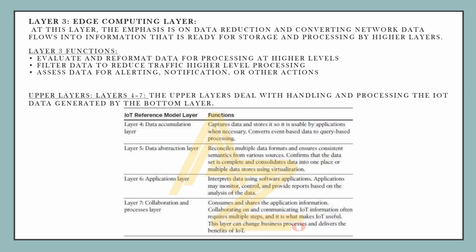The third and most important layer is the edge computing layer. At this layer, the emphasis is on data reduction and converting network data flows into information that is ready for storage and processing by the higher layers. The functions of this third layer are to evaluate and reformat data for processing at a higher level.